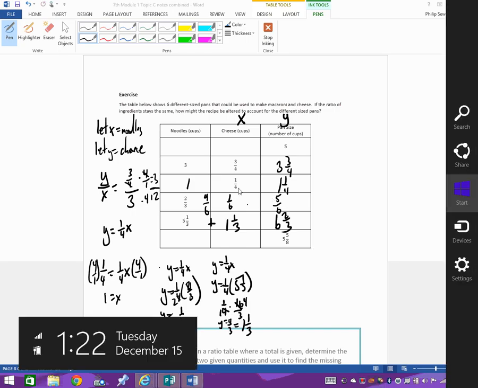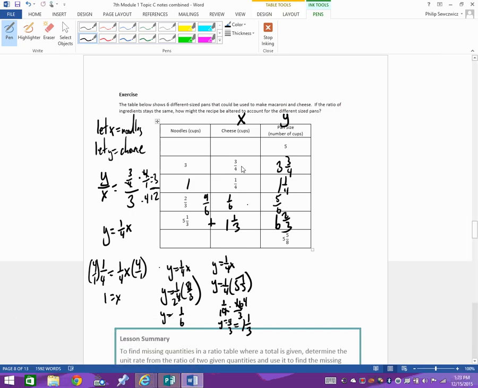We're changing it because I'm using this to solve for the information in these two columns, not for the noodles column. So if I say let x equal cheese now, before I said it was y, but that's when I was dealing with these two. And now I'm going to say let y equal the pan size.